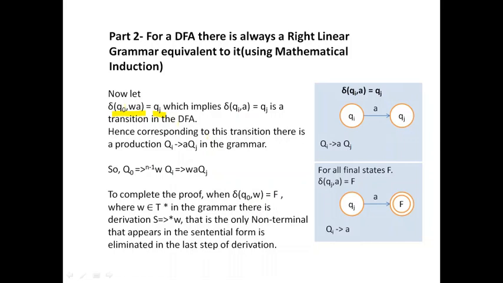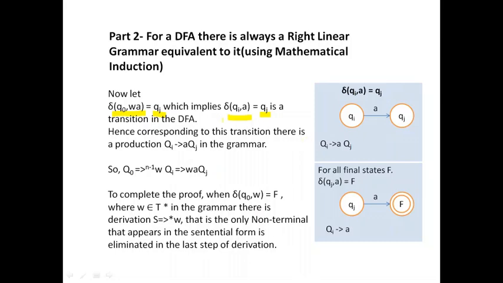That implies that there is a transition from state Qi on A to Qj, because when we read the string W, which is of length n minus 1, starting from Q0, we reached Qi, and now reading A, we are reaching the state Qj.